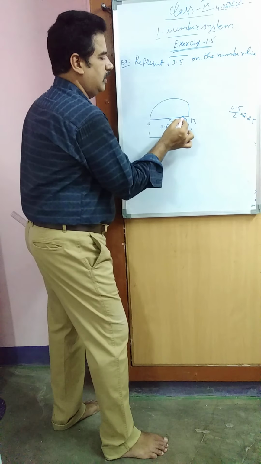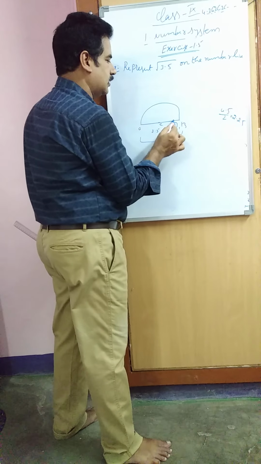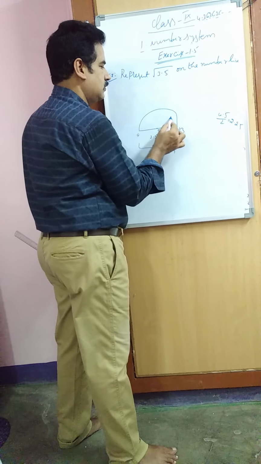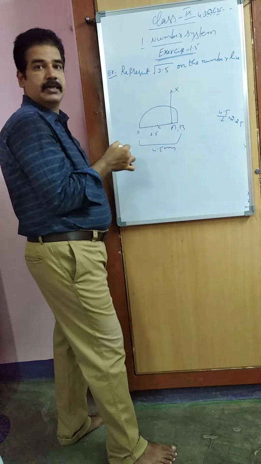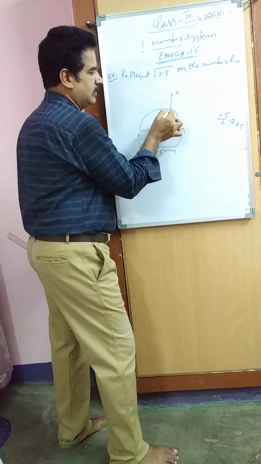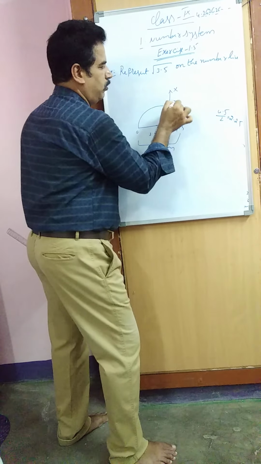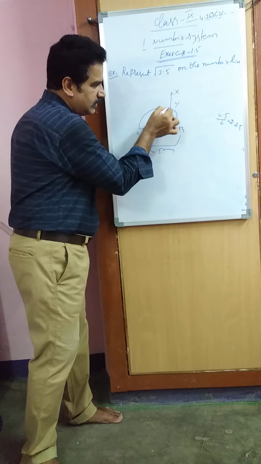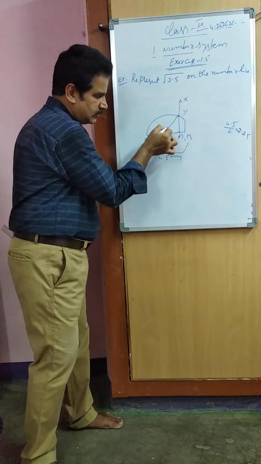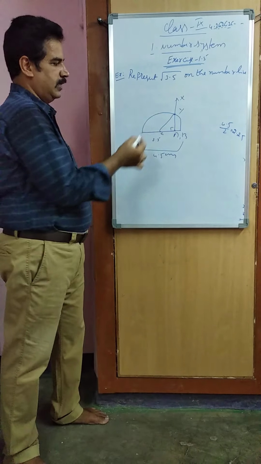Then here you construct a 90 degrees perpendicular, a 90 degrees ray at A. This is where it intersects the semicircle. Name it Y. Now join CY. This is your right triangle.